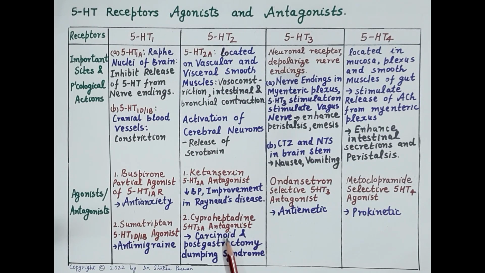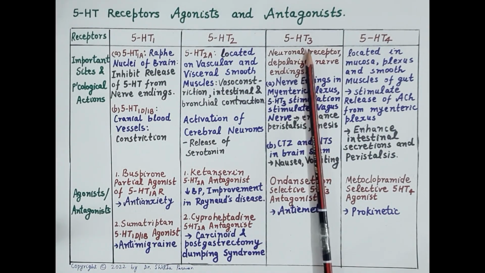Now, cyproheptadine reduces secretion of serotonin and it provides symptomatic relief in carcinoid. Now, post-gastrectomy dumping syndrome. Now, post-gastrectomy, that is after surgical removal of a portion of stomach, a patient may suffer from abdominal pain and diarrhea. Here also, cyproheptadine provides the symptomatic relief.